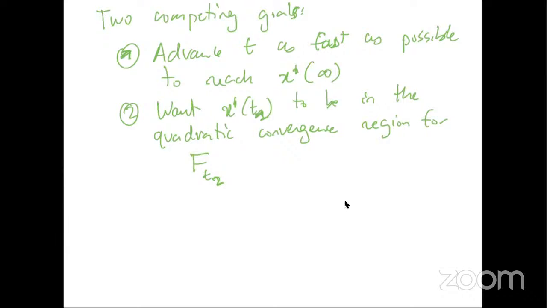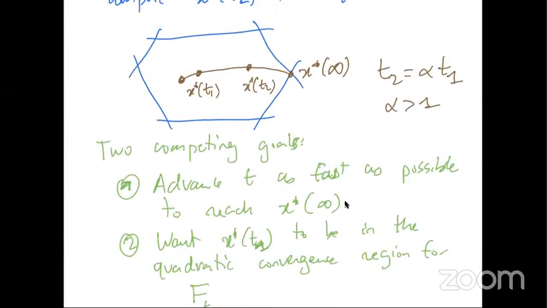Some people have done this analysis and have shown that there is a way to make this advance that trades off the two goals, such that at the end you reach a very efficient algorithm: if you want to reach accuracy epsilon, it will take roughly log 1 over epsilon to converge.